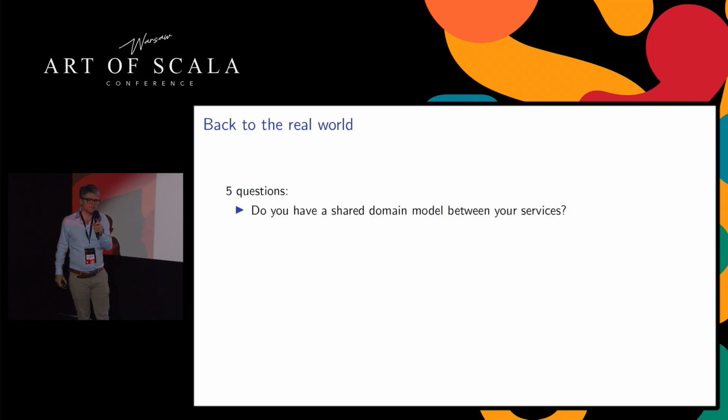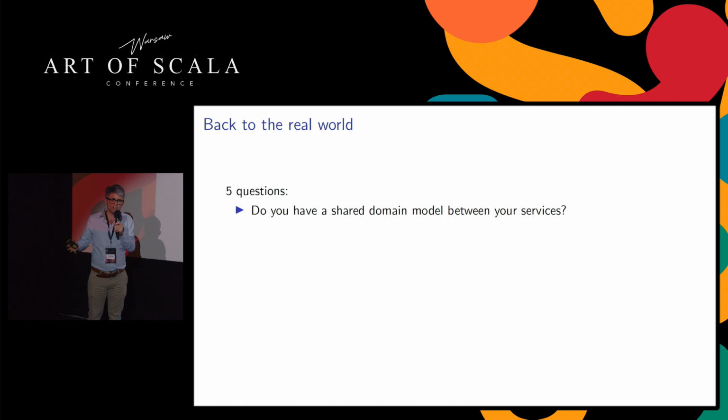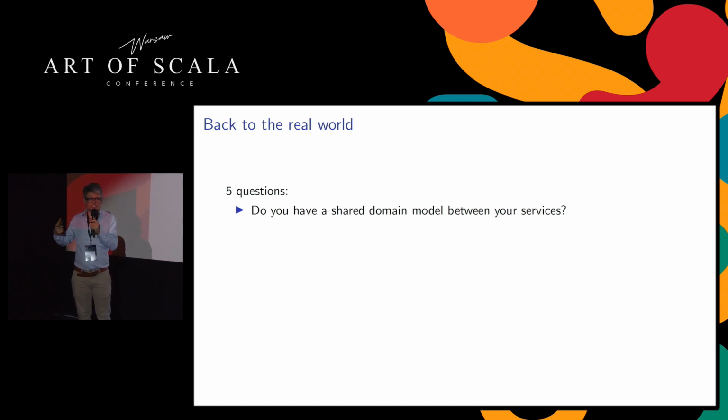And the first question is, do you have a shared domain model between your services? Because we all have domain objects, and what I see a lot of times is that people in different microservices every time again define the same object for each microservice, and then the services communicate.